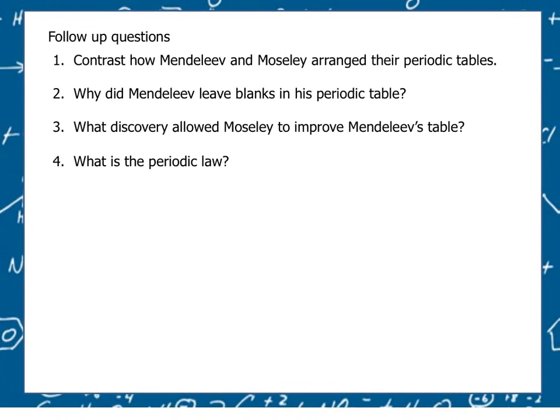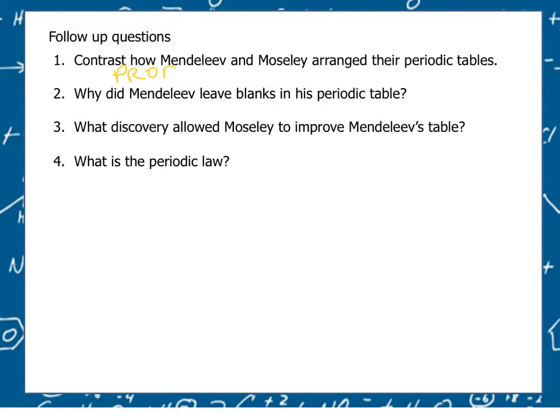So the things that you need to know that might be test material is Mendeleev. He's arranging his according to properties and atomic mass. I think the better answer is actually the properties, because he put them in order of properties first and then just noticed that it was in order of mass.